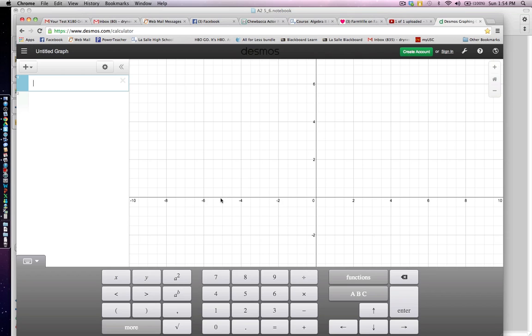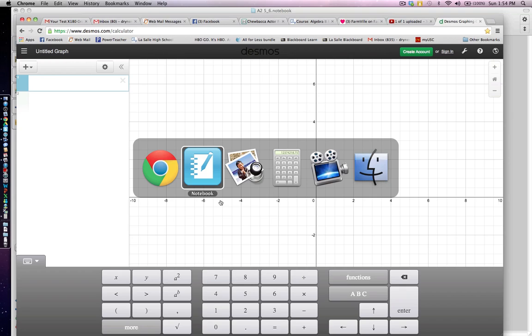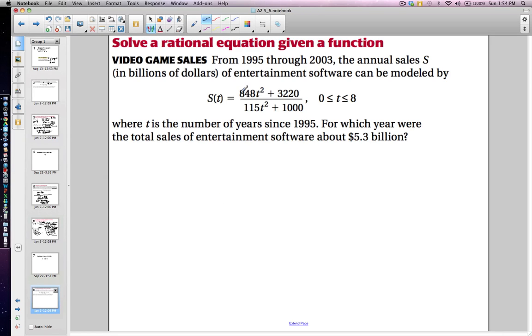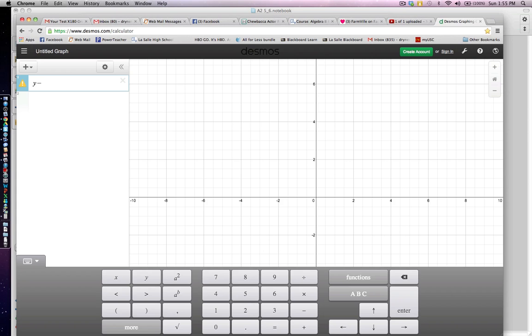What's complicated about this is making sure that I put it in correctly. I'm going to want to put this in parentheses divided by this in parentheses. Y is equal to, open parentheses, that's going to be very important. So I'm going to have 848x, I've substituted the t for x squared, plus 3220.